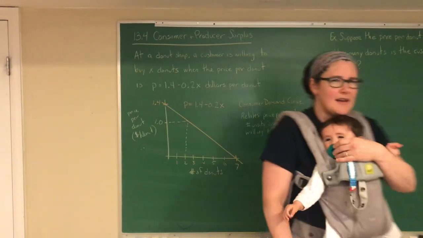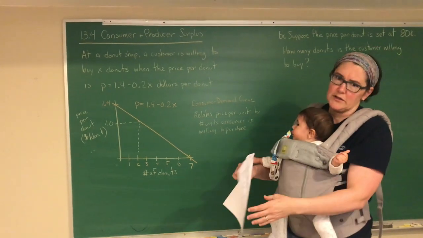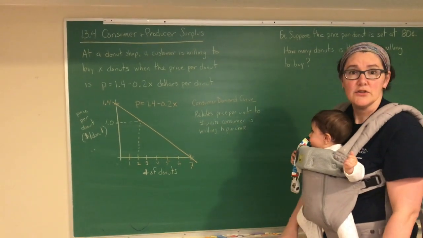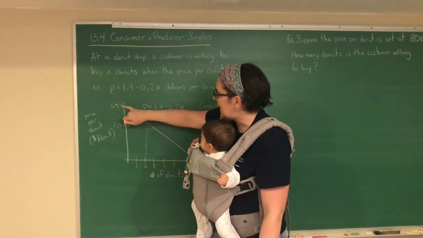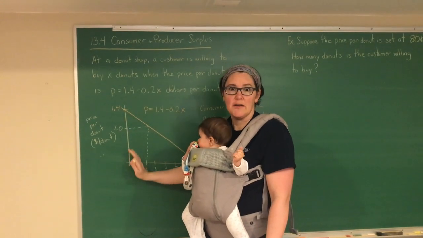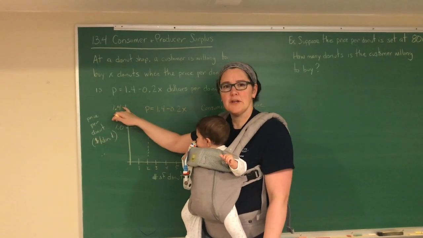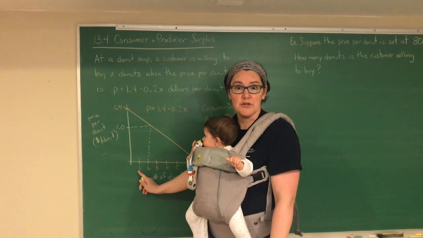Okay, so this kind of makes sense, right? The higher the price, the fewer donuts the consumer is willing to purchase, or the fewer units. As the price per unit is higher, we're going to hit the graph earlier and have a smaller x value. So the higher the price per unit, the smaller the number of units the consumer is willing to purchase.